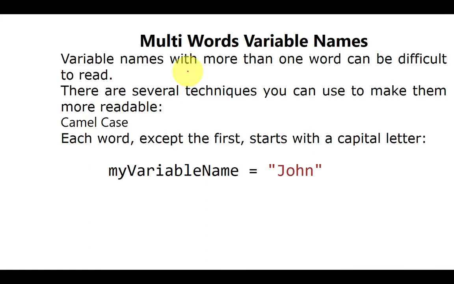The first word, my, is a small letter, then the second starts with a capital letter, then all small. Then the third one, Name, starts with a capital letter and continues in small letters. John is the value being assigned to this variable.